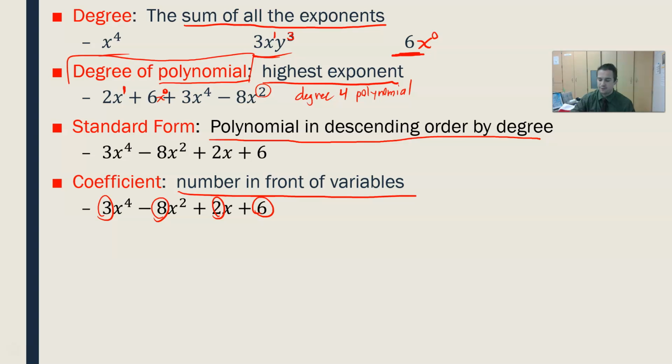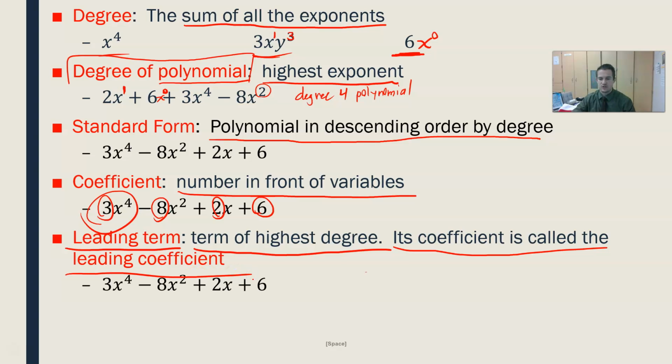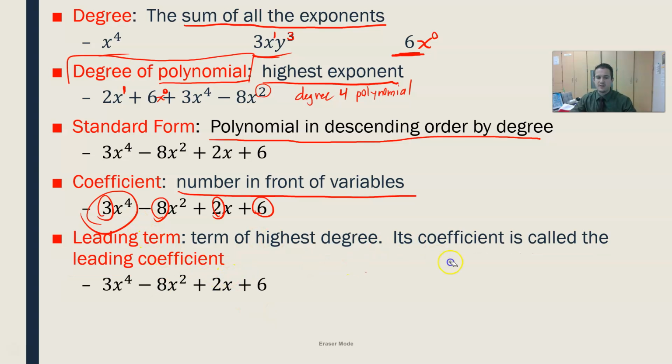And the leading term, if I'm looking at a polynomial in standard form, is the term of highest degree, or the first one, the leaderboard term. And its coefficient is called the leading coefficient. So if I write this polynomial in standard form, this is the leading term, this is the leading coefficient.